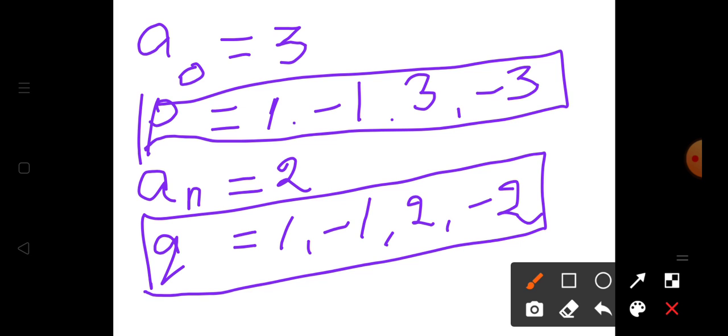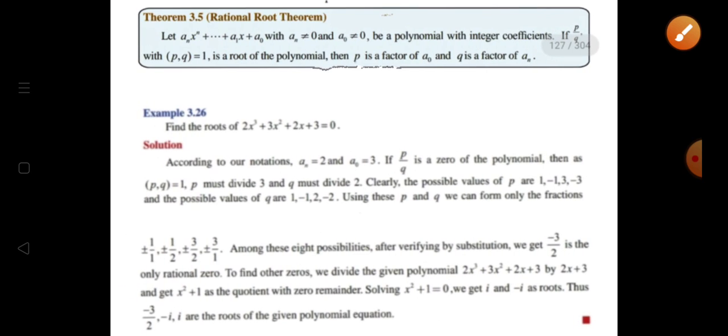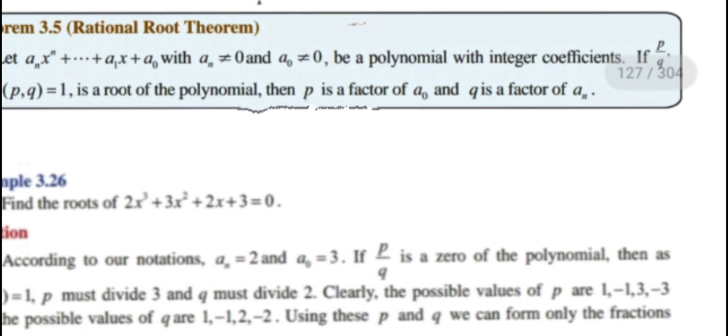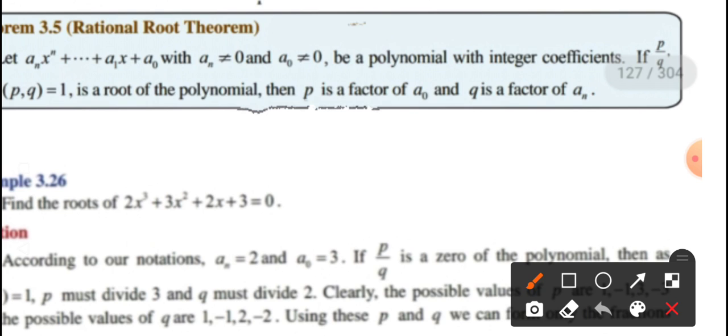Now we find the p/q values, because the rational root theorem says that p/q with GCD of p and q equal to 1 is a root of the polynomial.